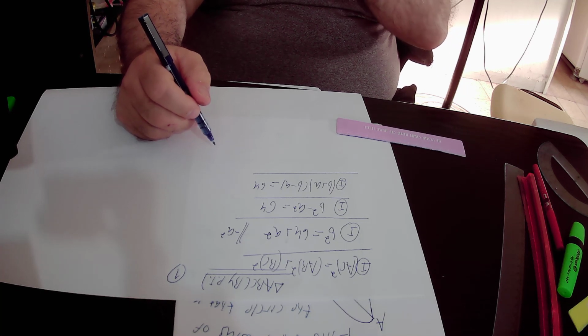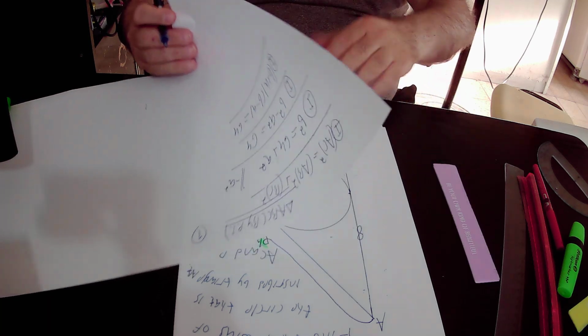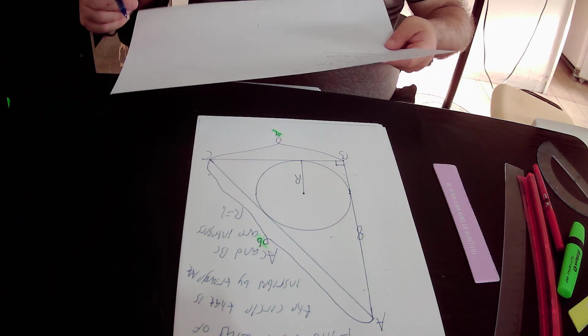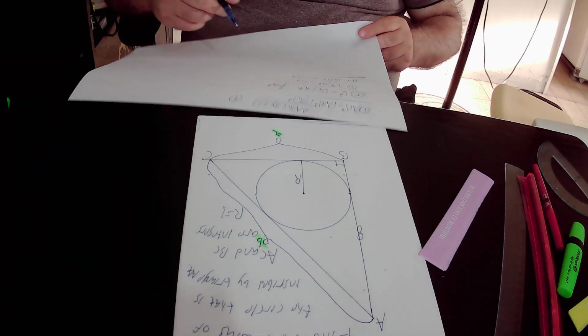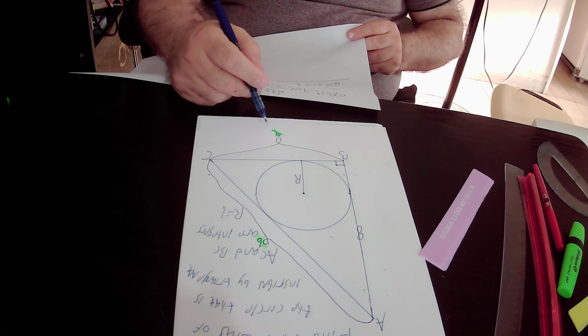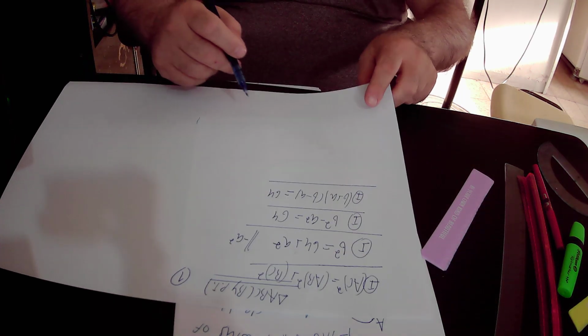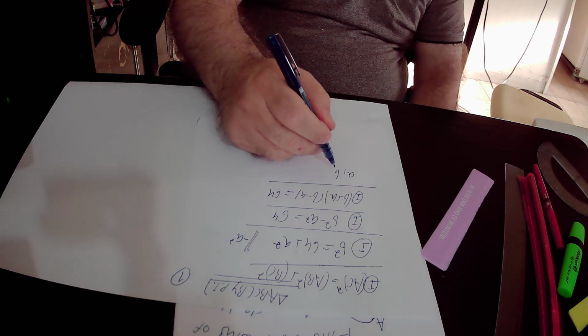It is given in the question that AC and BC are integers. That is to say, BC equals A and AC equals B. So you can write down that A and B are integers.